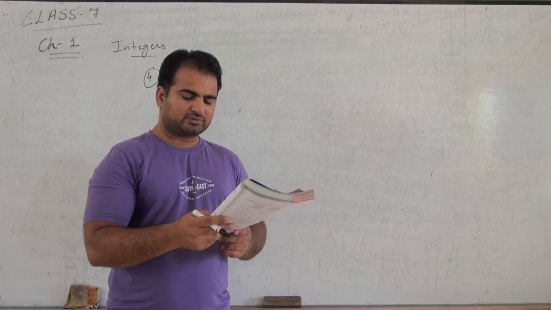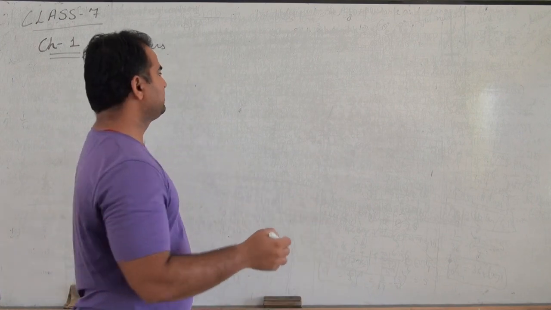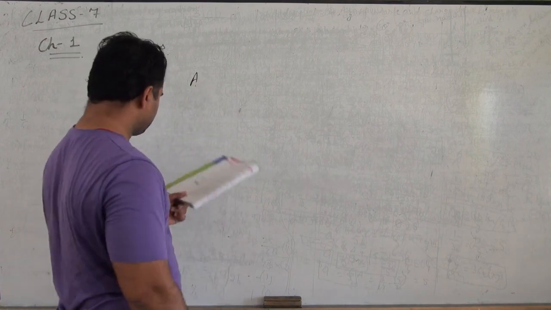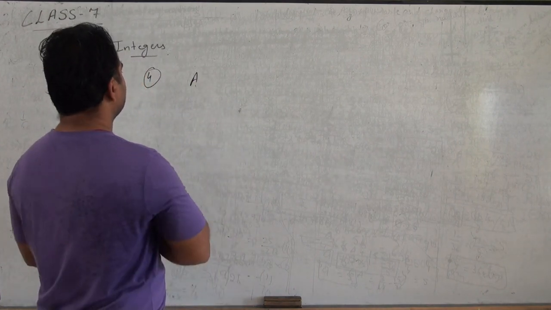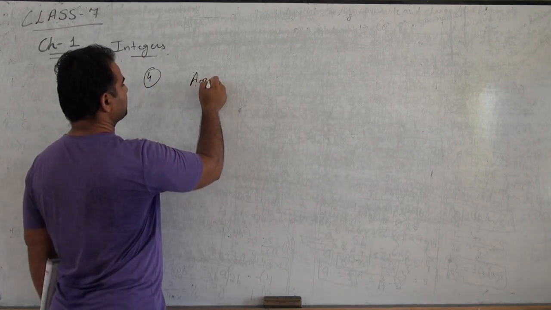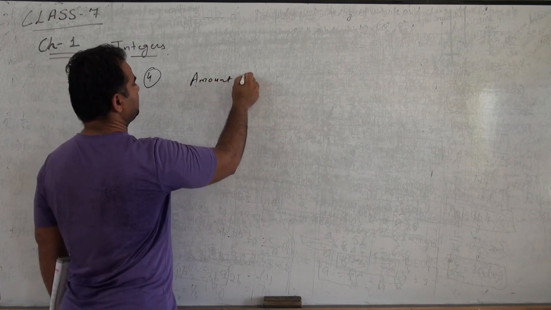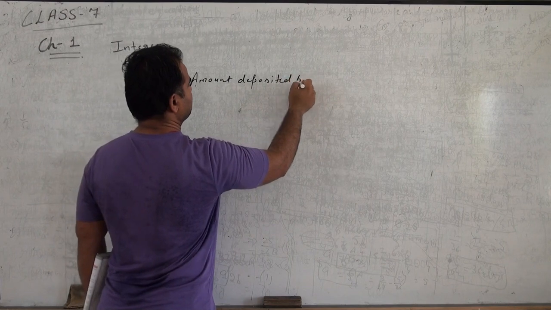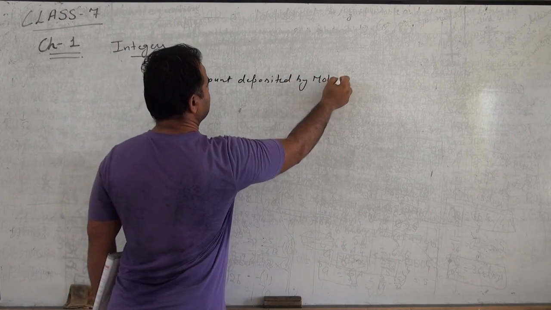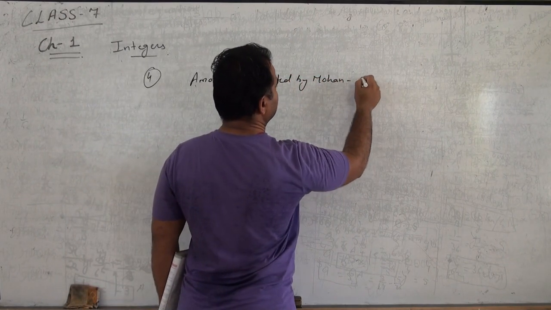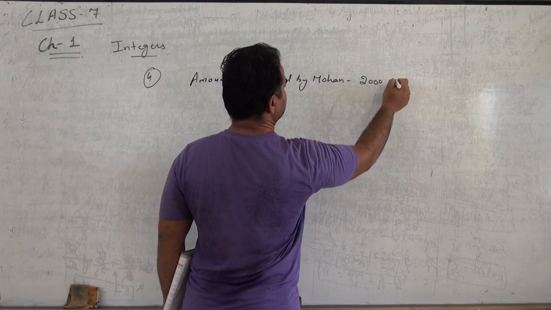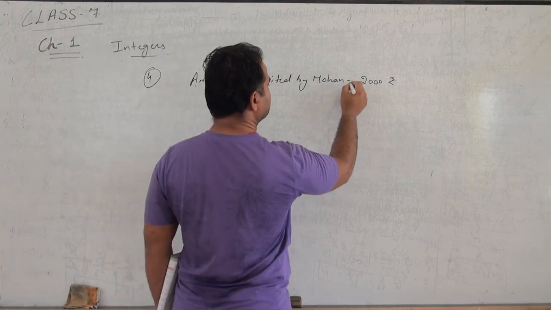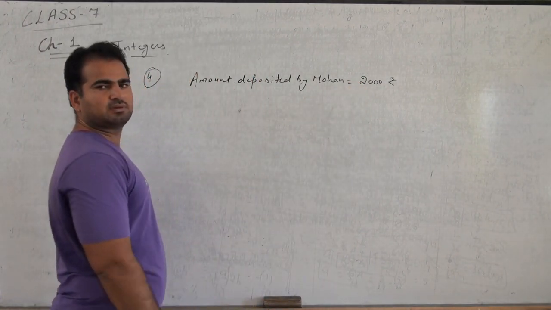So how much have we deposited? Amount deposited by Mohan is 2000 rupees. Done.